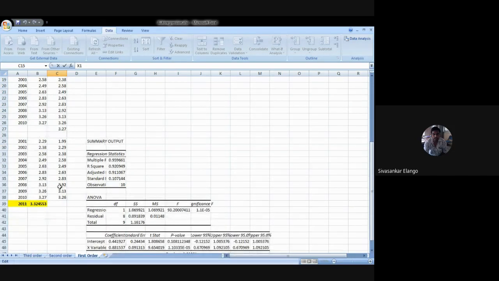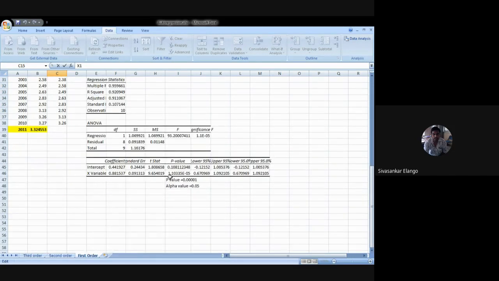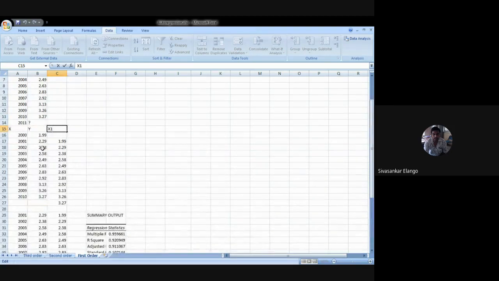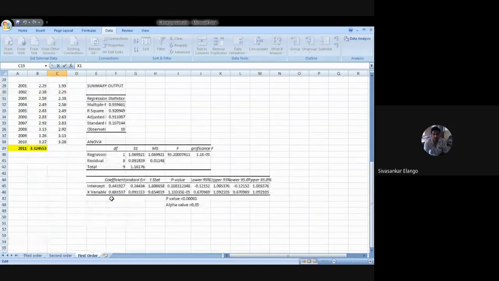I use this variable as y and this as x1, and when I do the analysis, I get the intercept value and the x variable value. The p-value associated here is 0.001, which is well below the alpha value. So we conclude that for this data, first order auto regression will give better results.